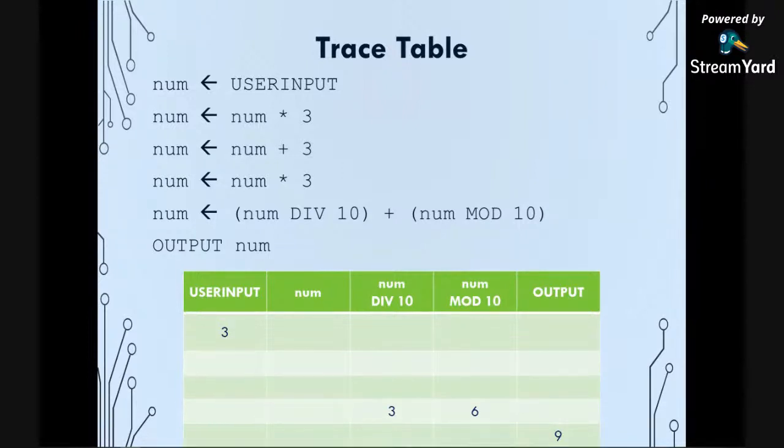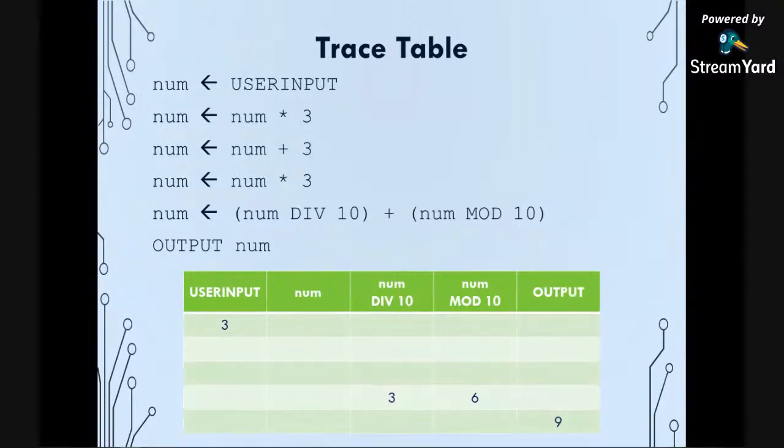I missed something there. So I'm going to quickly make sure I've not missed that. Obviously, the number has to be 3 at the beginning, because that is what the user has input. That number is 3 at the beginning. So the number becomes number times 3, gives us 9, and so on and so on.